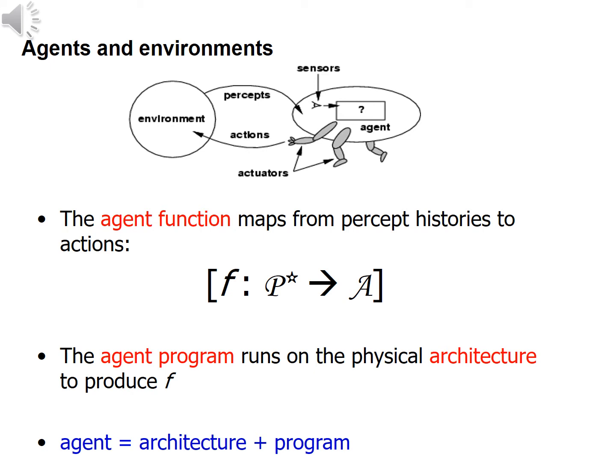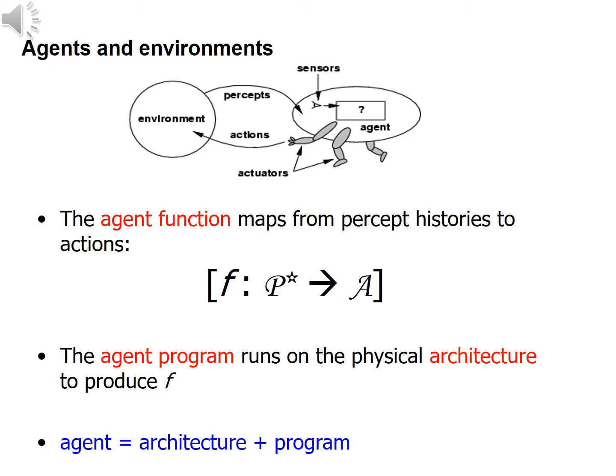Each such agent will implement a function that maps percept sequences to actions. We will cover different kinds of these functions, and basically, we are going to distinguish between reactive agents, real-time planners, and decision theoretic systems.